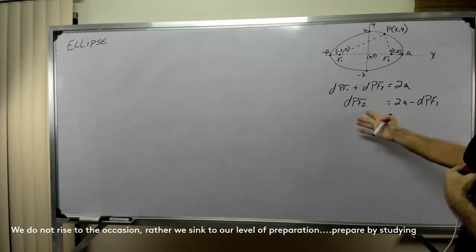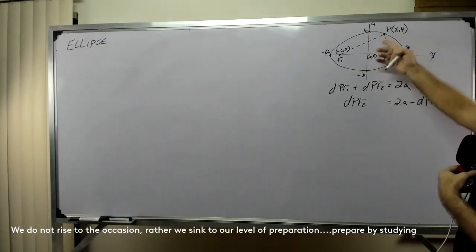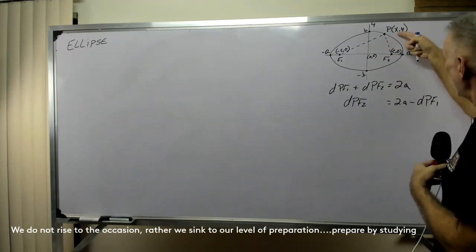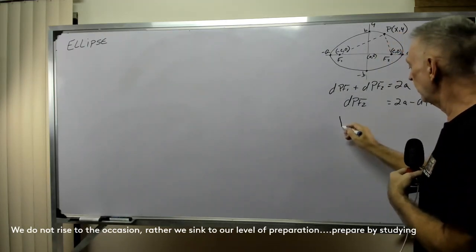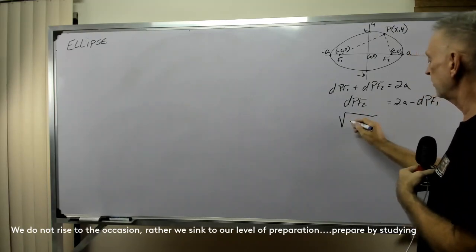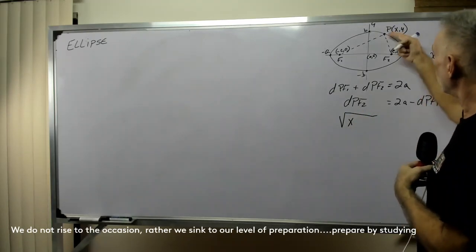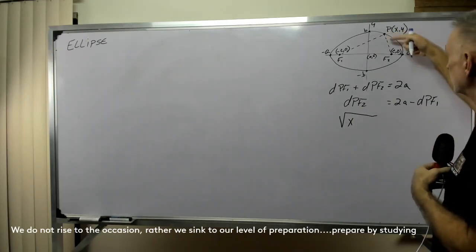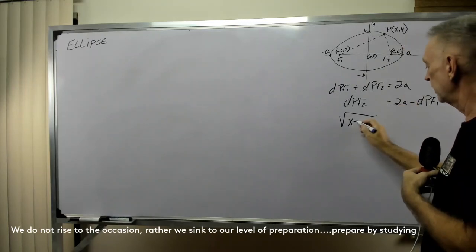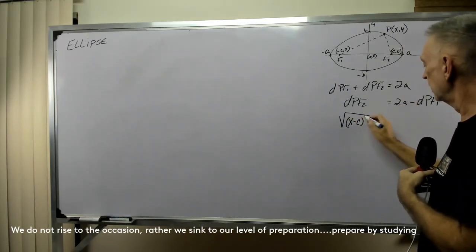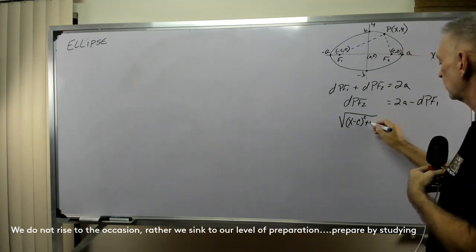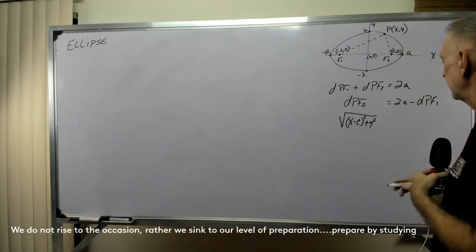Well, what is the distance from P to F2? Well, we would have x minus c, and we know how to do this from what we've done before with circles and parabolas as well. A distance from two points would be the square root of x minus c squared plus y minus 0 squared, which is just y squared.